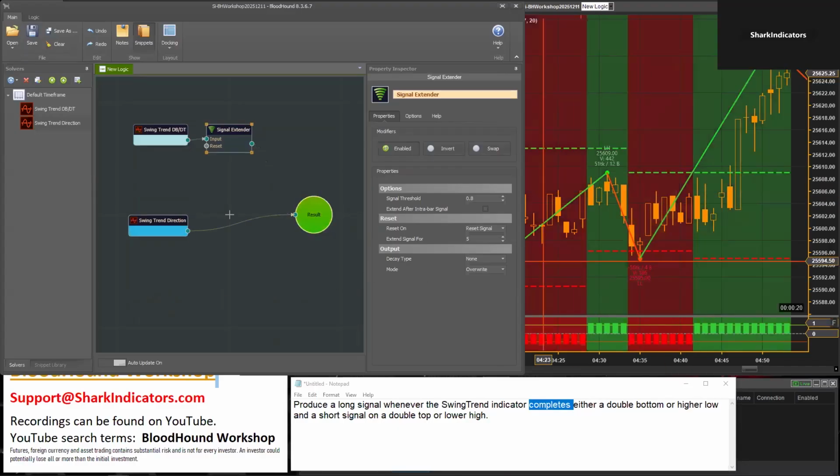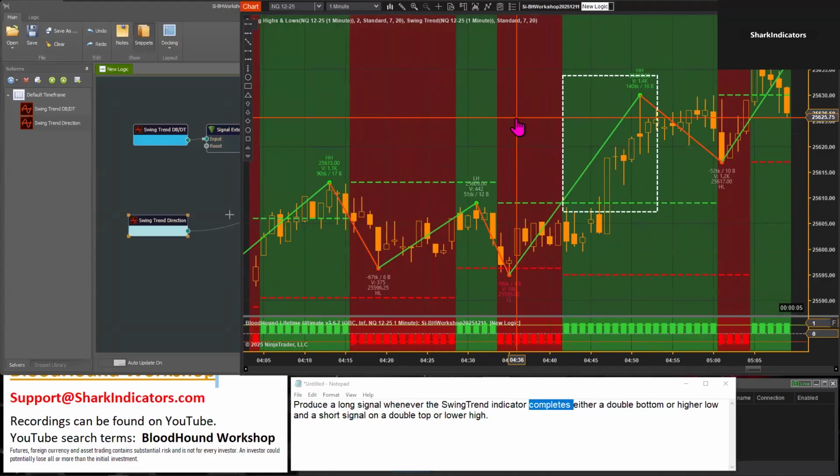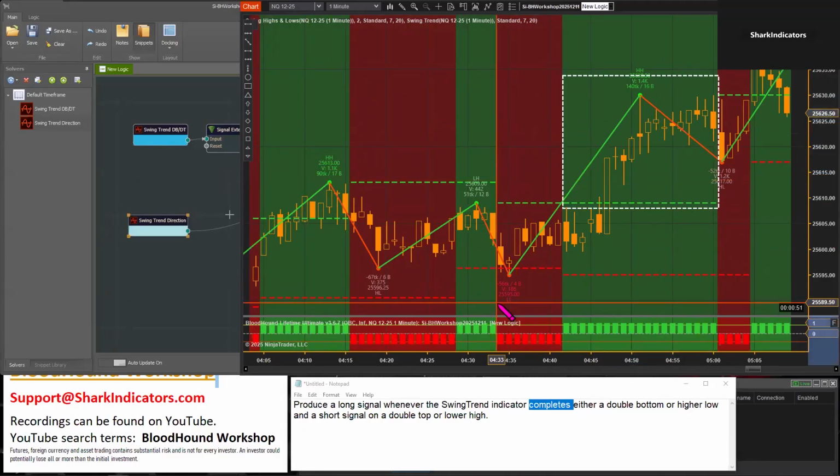So again, let's put our trend direction in here, and I'm going to need to start drawing some more here. All right, so I'll just go like that. I think that's good enough. All right, that'll work. So again, this double bottom would not be locked in until the swing line, or the zigzag line, starts moving upwards.